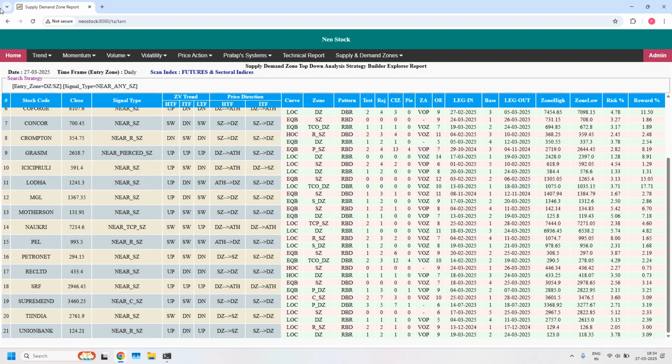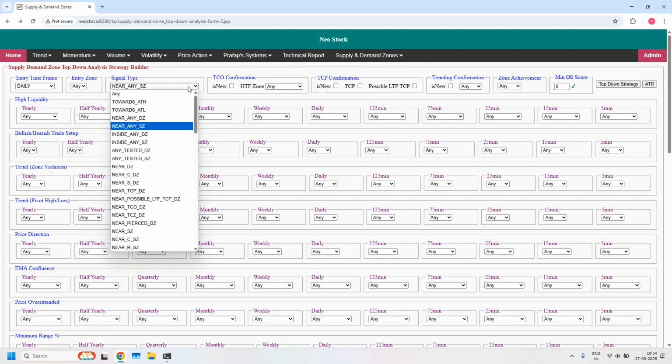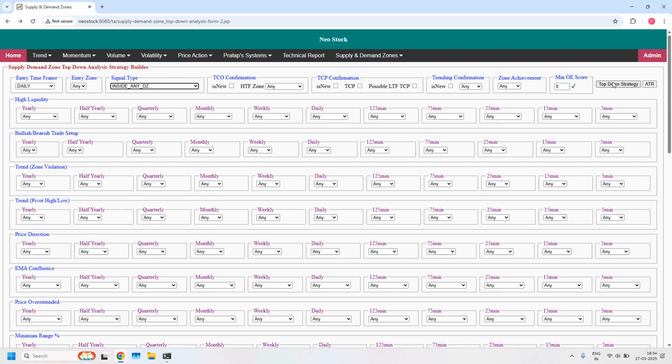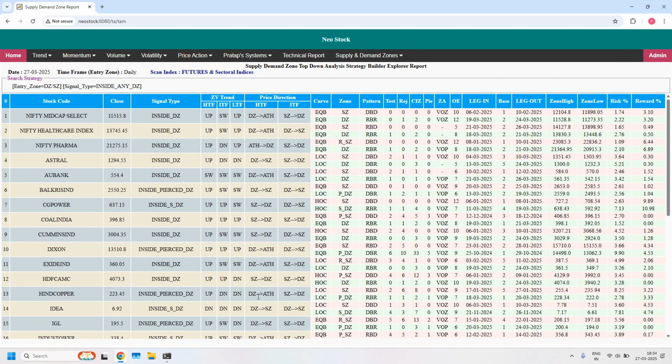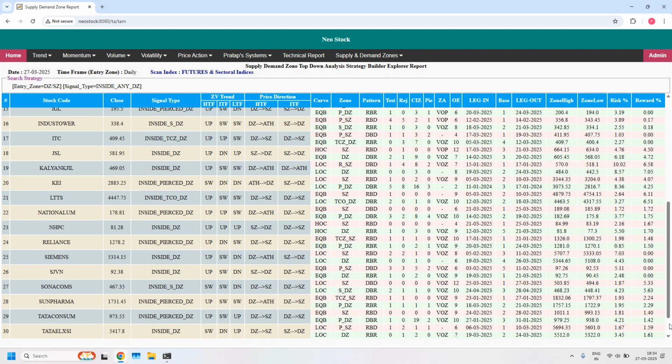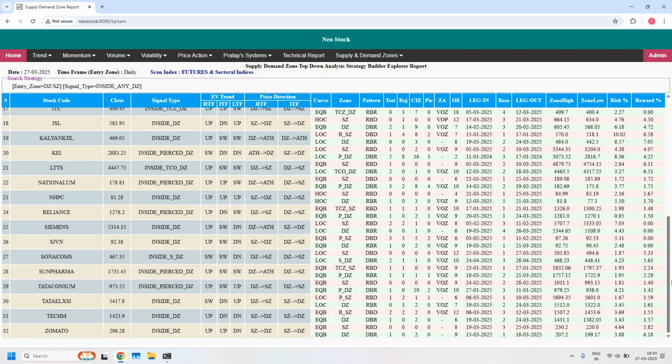Okay. Next, price closed inside the daily demand zone. First 15 stocks in the list. Scrolling the list down. So total 32 stocks are filtered.